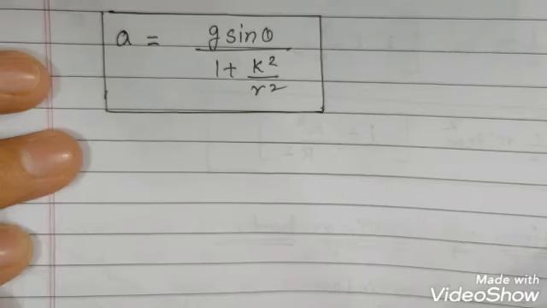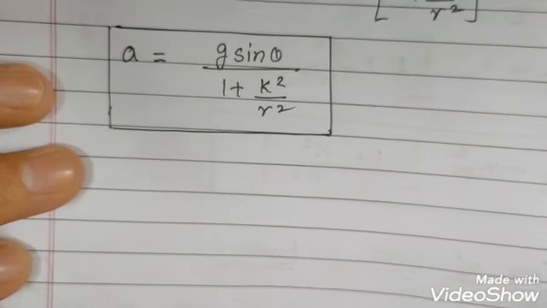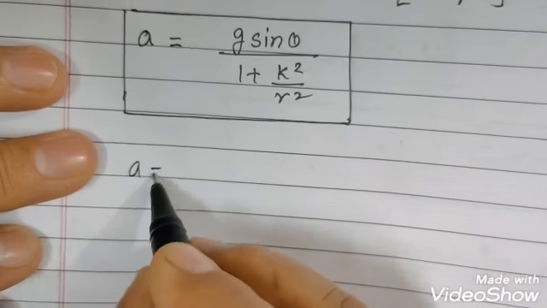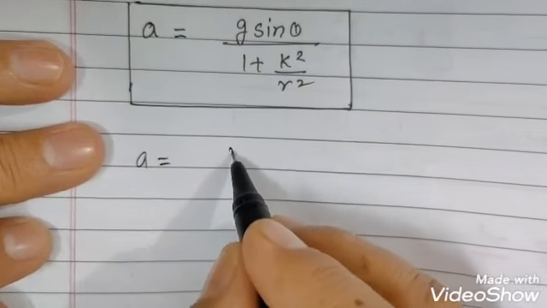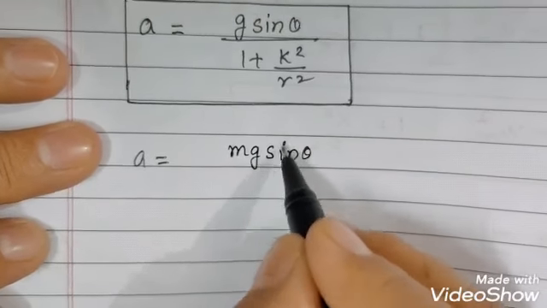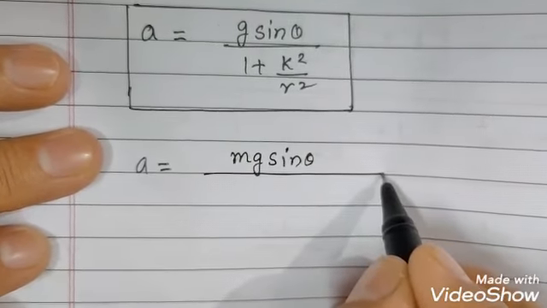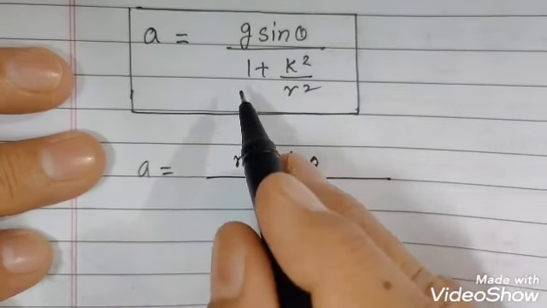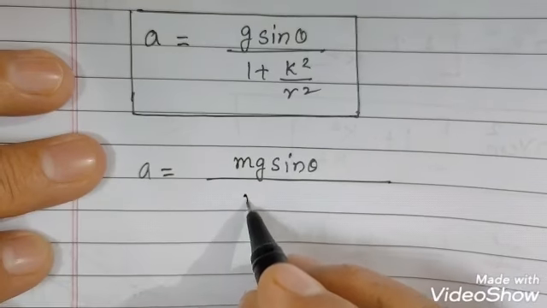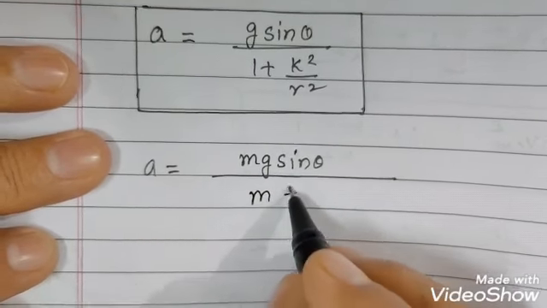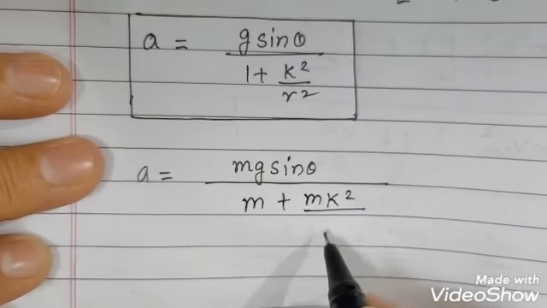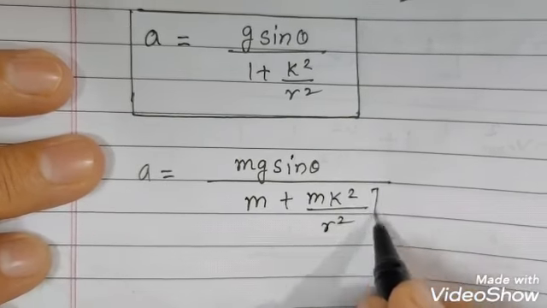This acceleration we can also represent in terms of I, the moment of inertia. For that we multiply and divide by the mass. So it is mg sine theta upon m plus m k square upon r square.